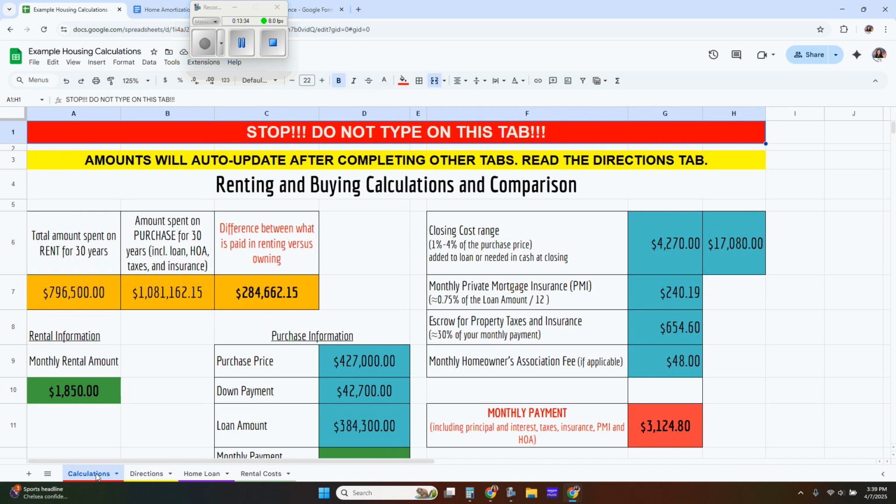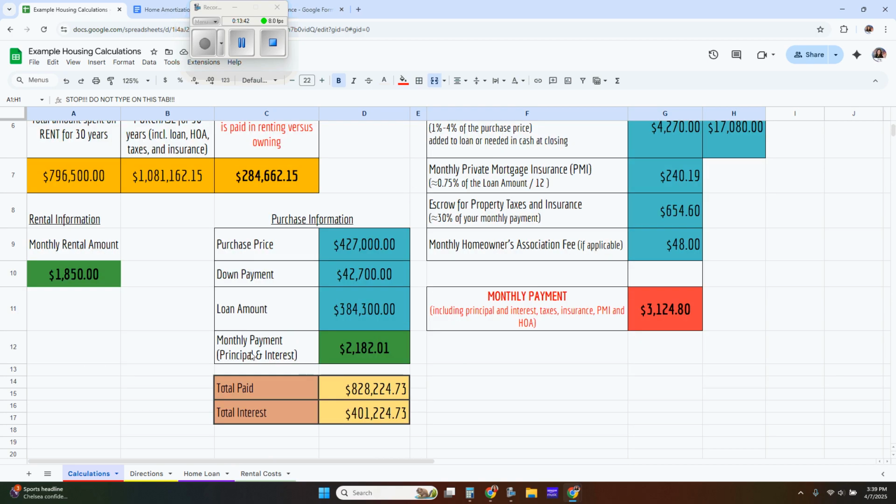All right, now finally, just go back to the calculations. This is where you can see everything of those calculations popping up. So over 30 years. Okay, I have the purchase price for my house, my monthly payment, and then because I have an HOA, I'm also adding this. So this monthly payment right here is the principal and the interest only.